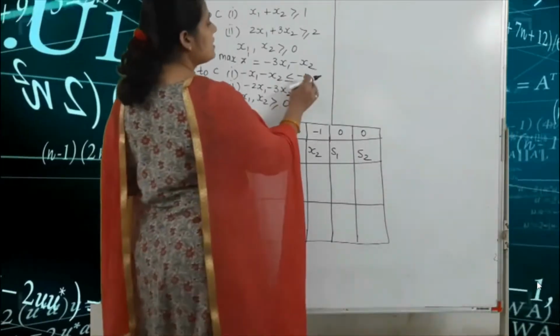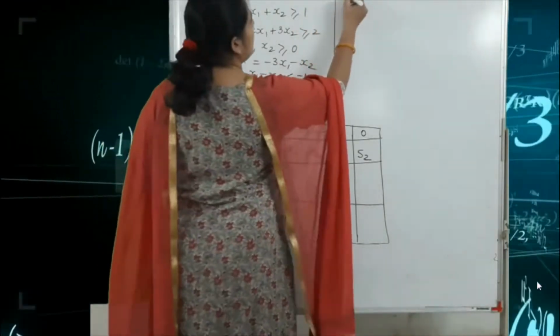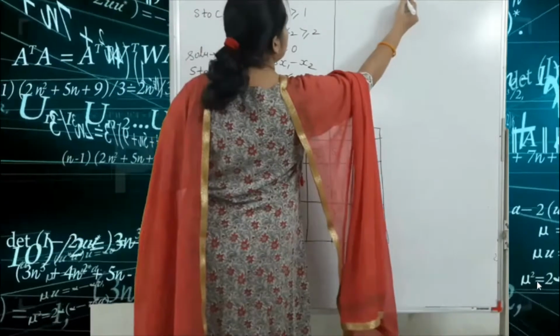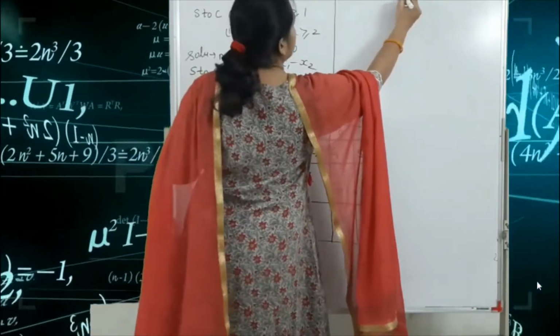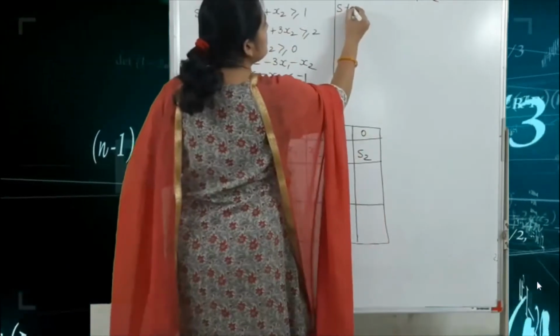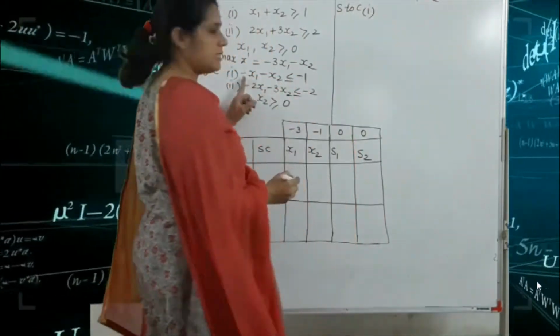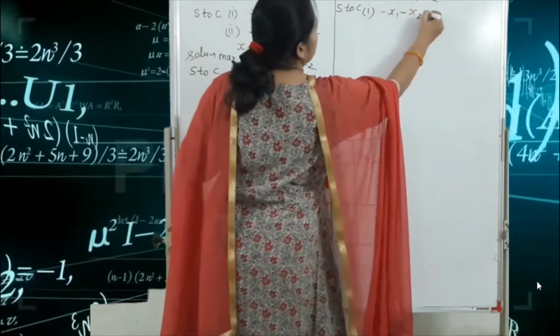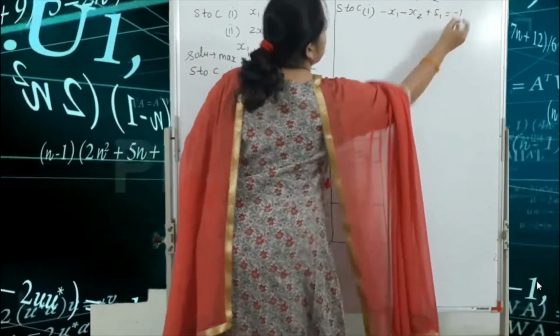So if this inequality is converted into the equal to sign, your maximize z dash is equal to minus 3x1 minus x2. Your subject constraint, first equation, is minus x1 minus x2 plus s1 is equal to minus 1.